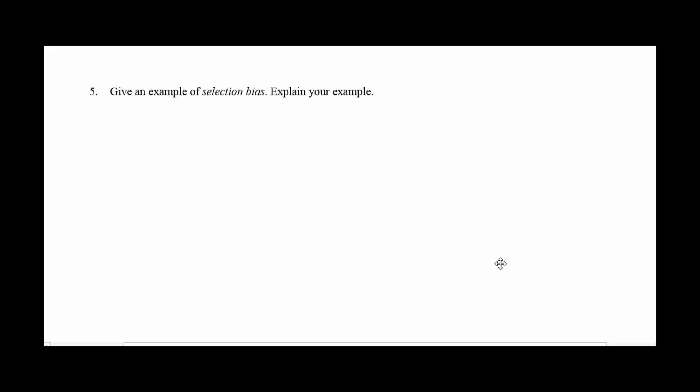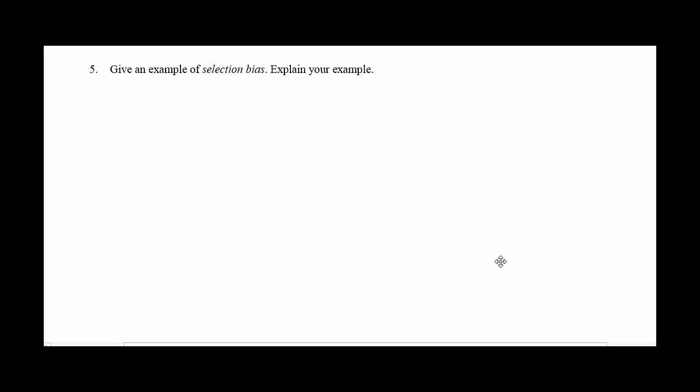Number 5, give an example of selection bias and then explain your example. So selection bias, as it sounds, is when we get to select which experimental units are part of the study. I guess an easy way to think about this is the lab.